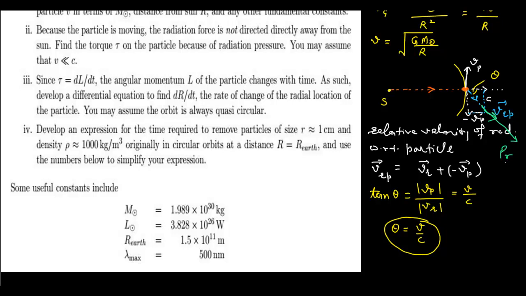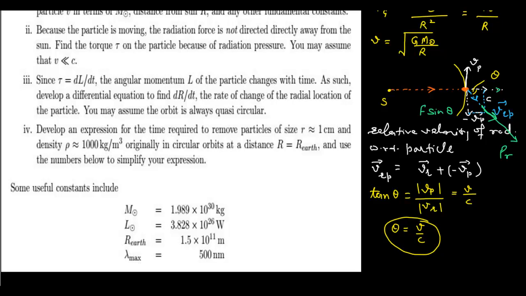So if this is the direction of the radiation pressure, means this is the direction of force exerted on the particle due to the radiation, then this component is the cos component, and the component along the tangent to this path of the particle is the sine component, and I am assuming the force acting is F, and the component along this direction is F sine theta.